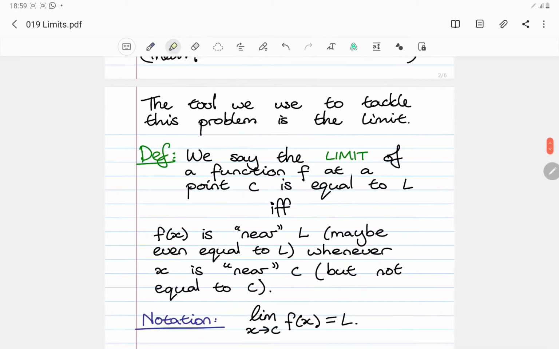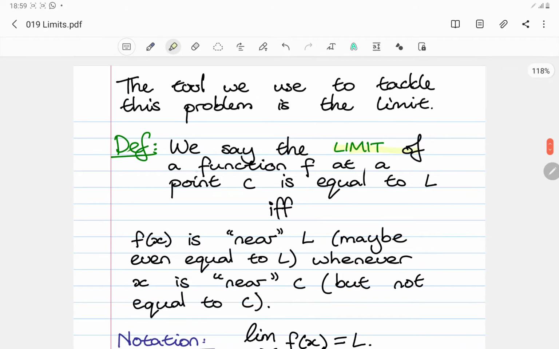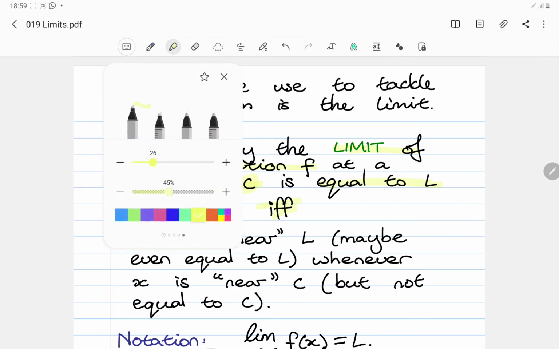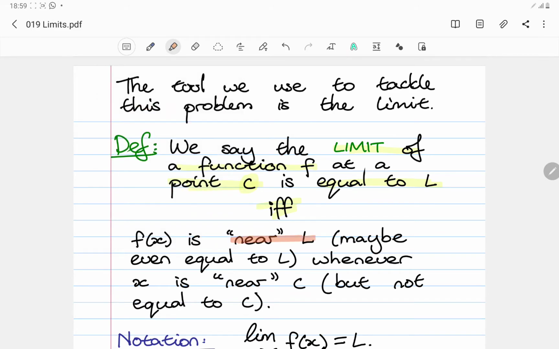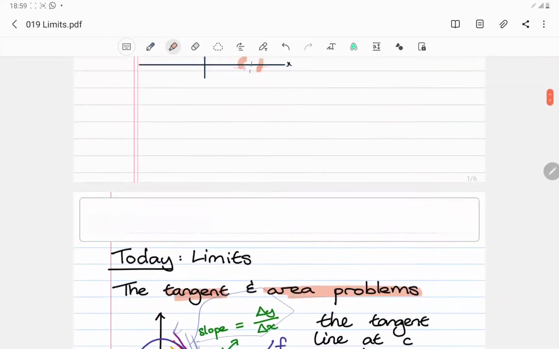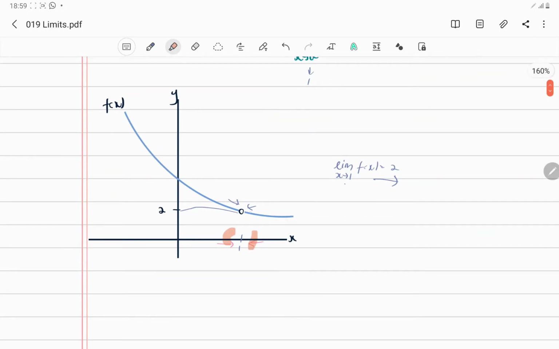Alright? So we say the limit of a function f at a point, we just denote that particular point c, is equal to L if and only if f of x is near L. As you can see, f of x is near L, doesn't have to be defined. That's what they basically mean. It's near 2, but doesn't have to be defined at 2.